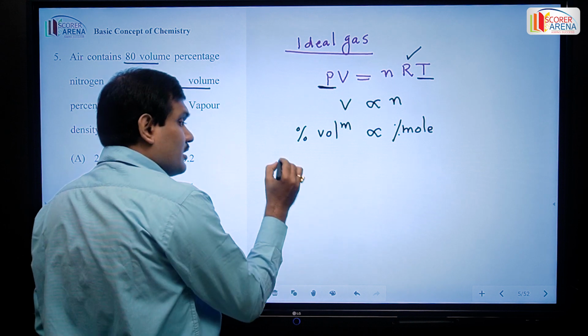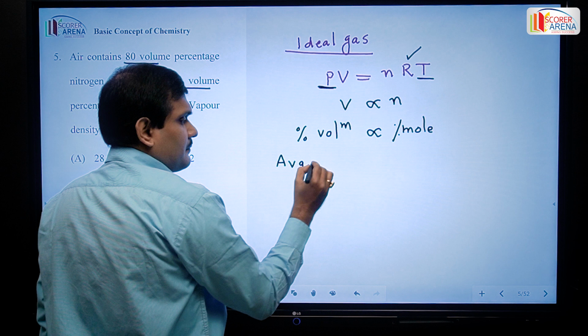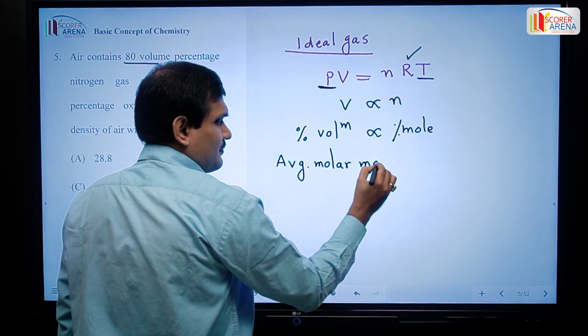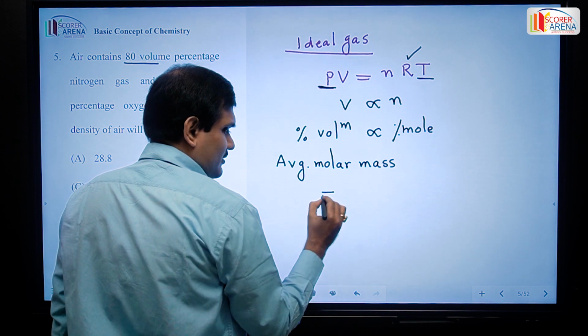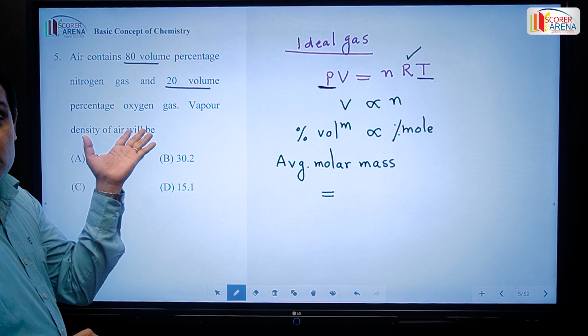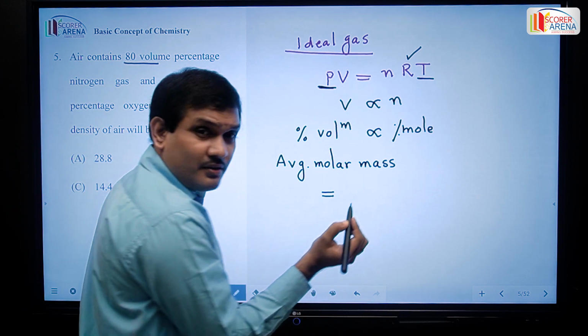So I am directly using average molar mass. Average molar mass is equal to, taking the total moles from the volume percentage, 100 moles.